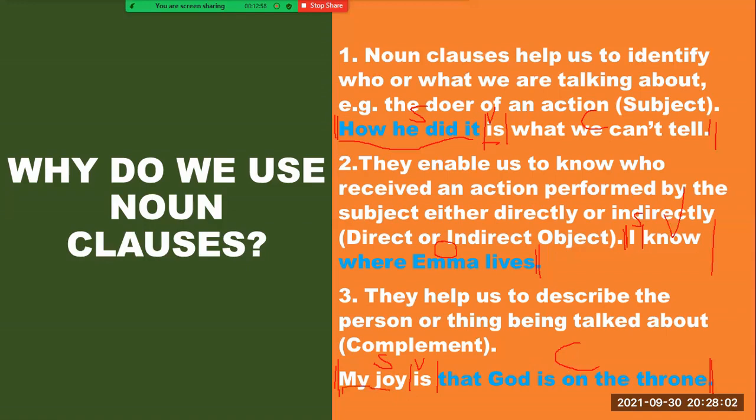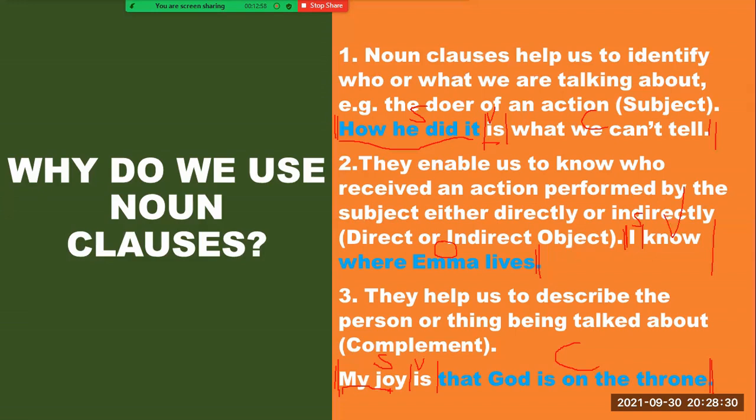If I say my joy is, and I pause, the listener will ask me, your joy is what? What completes that gap is a complement. It can be a noun or a noun phrase or a noun clause. It can also be an adjective.